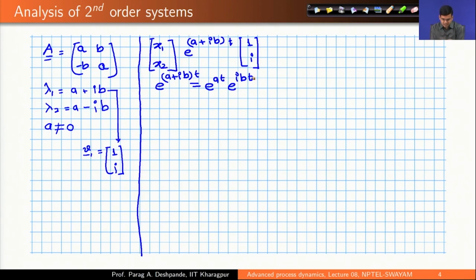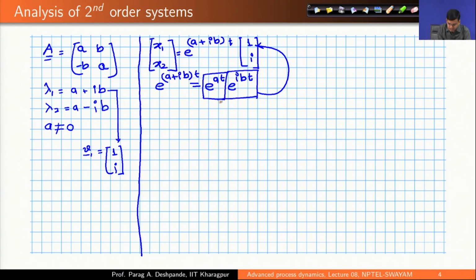So, now all that has happened is that your solution has now been multiplied by e to the power a t. So, e to the power i b t remains the same, right, and then you will multiply here and carry on with the exact same steps.